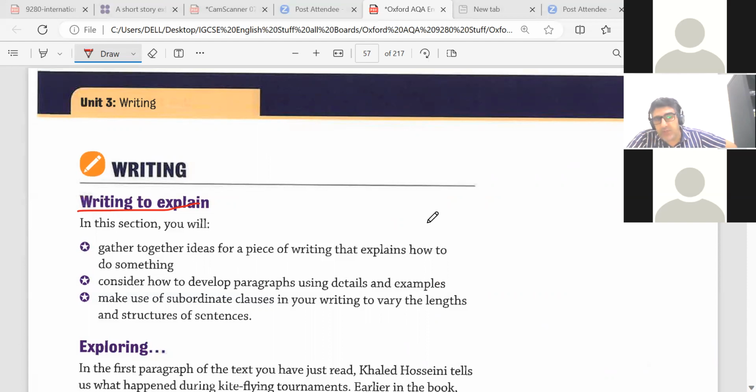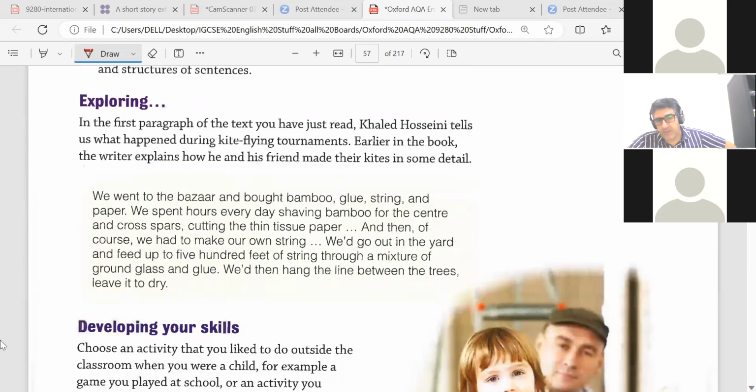In this unit, write to explain. That's why tomorrow, 45 minutes to complete this unit, explaining how to write to explain.